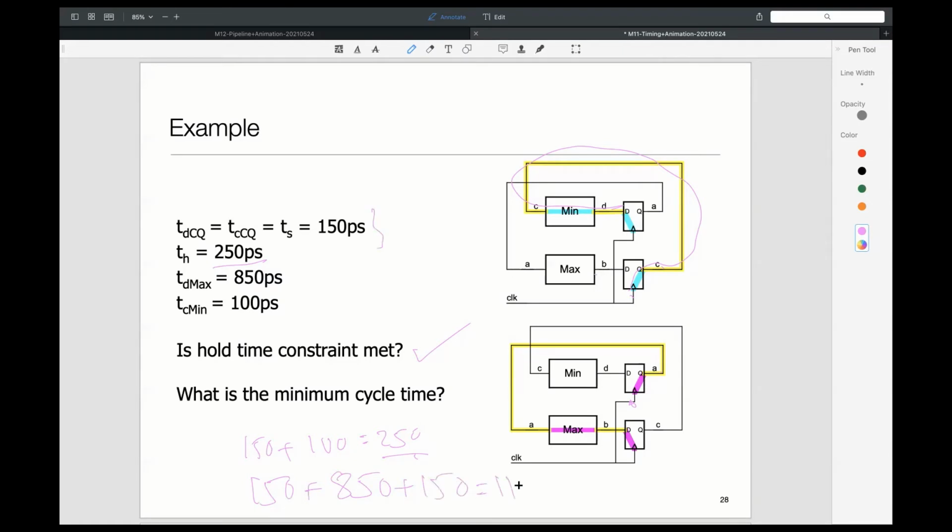So we end up with 1150 picosecond. The inverse of that will give you the clock frequency, but this is the minimum clock cycle time. If your clock cycle time is shorter than that, then you will have a violation of setup time. So that's how it will work.